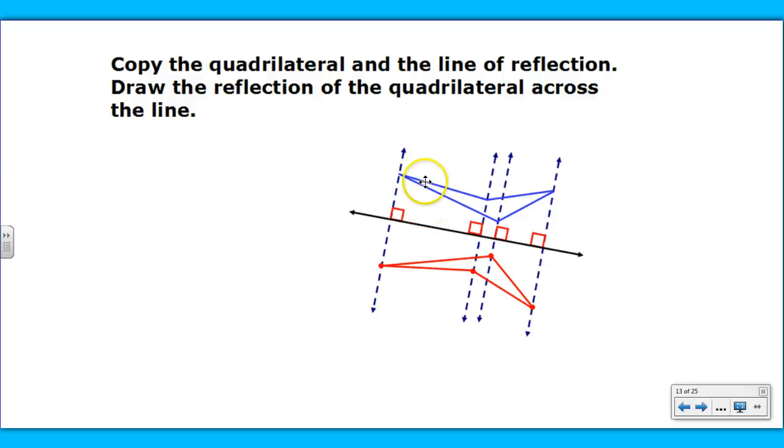So go ahead and take a look at how this quadrilateral has been reflected across the line of reflection here. And again, the easiest way to do that is to take the vertices of the pre-image and reflect the vertices across your line of reflection. Draw all those vertices, and then you can just draw the segments between the vertices.